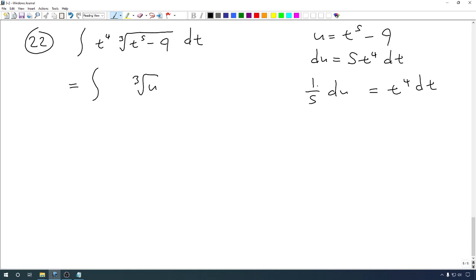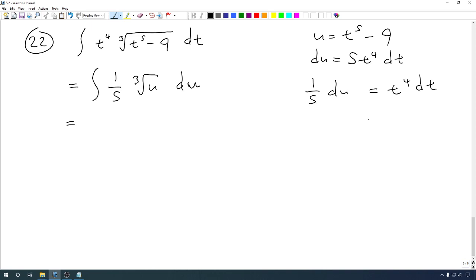Since there's no t's in here, that's not a big problem. So in fact, I'm just going to put a 1/5 and du. By a substitution, we can do it that way. And in fact, this is a very common thing to have to do, that you have an extra constant that doesn't appear in the actual integral, and you have to move it over to the other side. We'll actually be seeing that in a couple places later on.